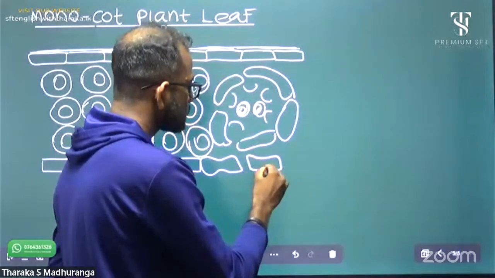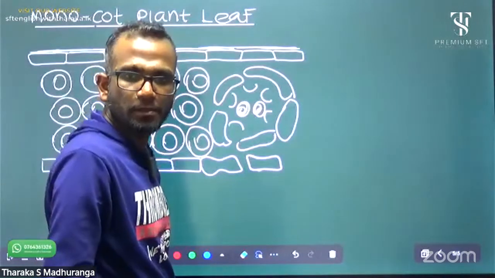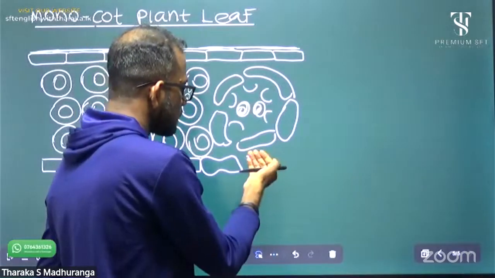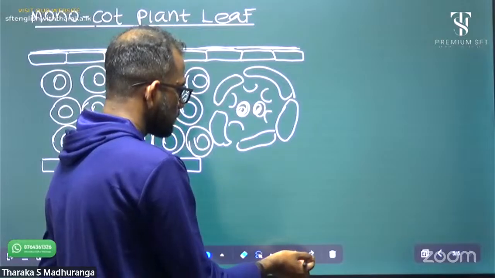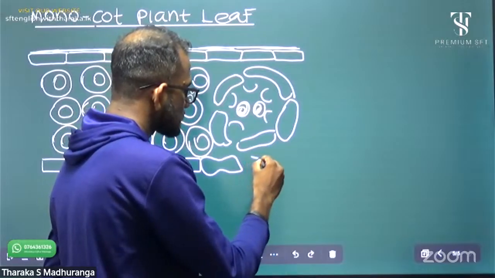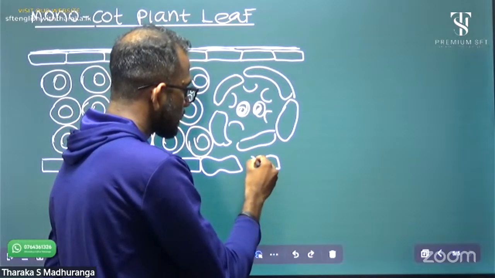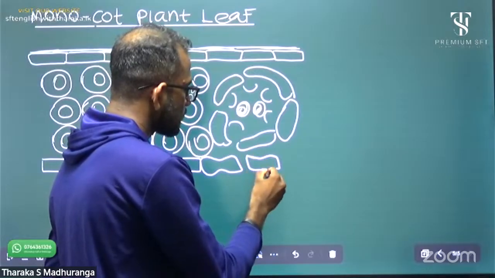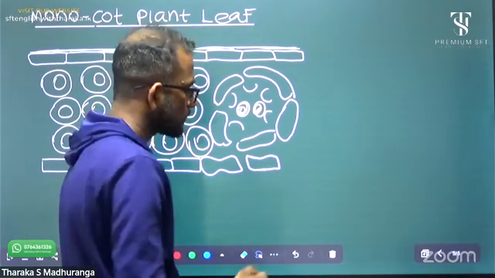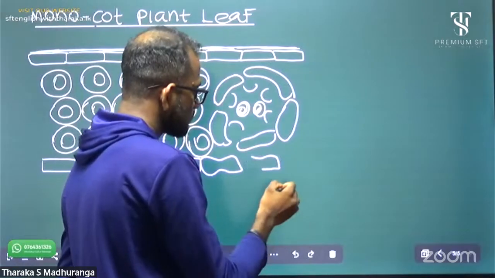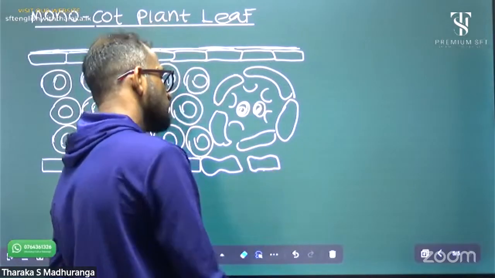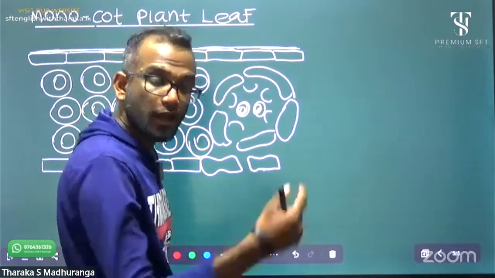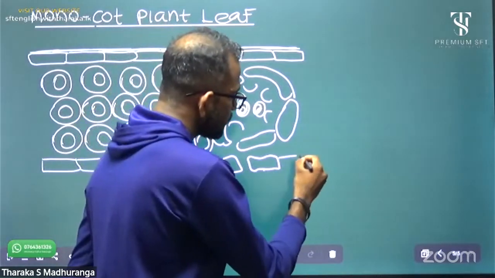Dumbbell shape like this. Like this, dumbbell shape guard cells. And it is lower epidermis.